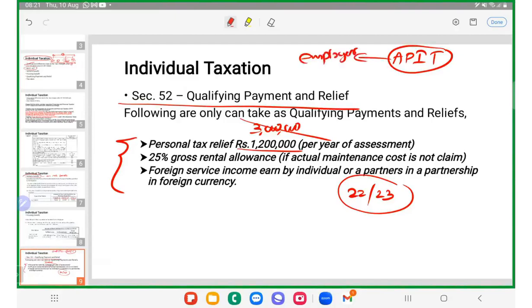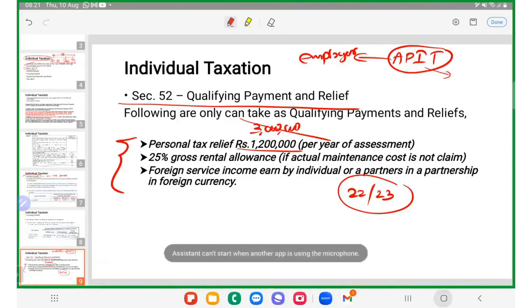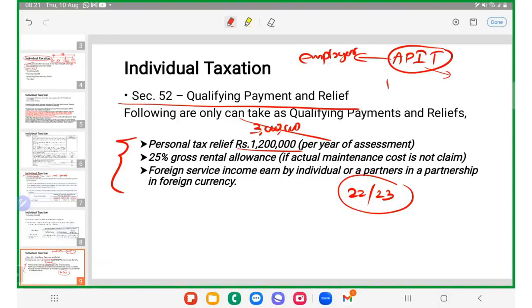What the employee, the individual, needs to do when calculating individual taxation is deduct this paid APIT as a tax credit. That is the only application.